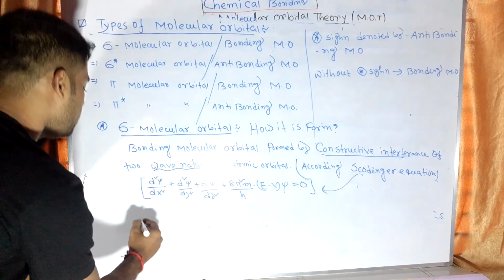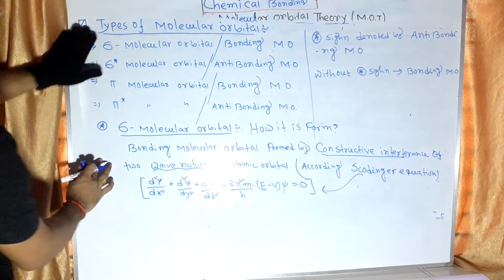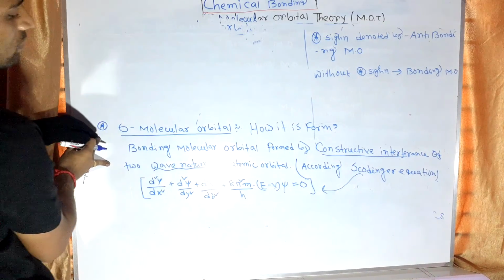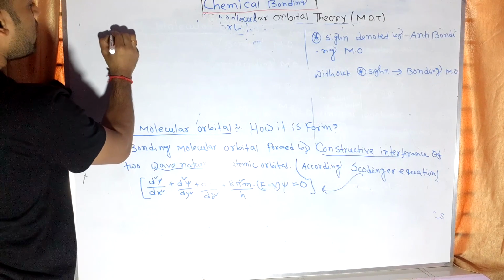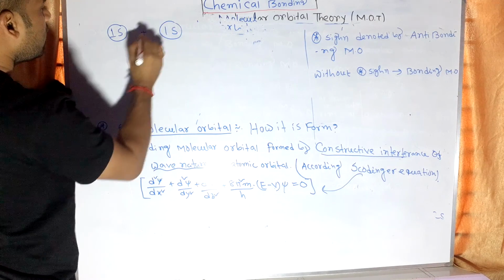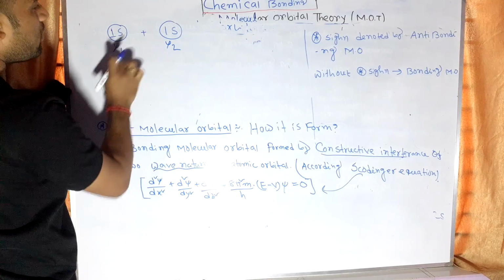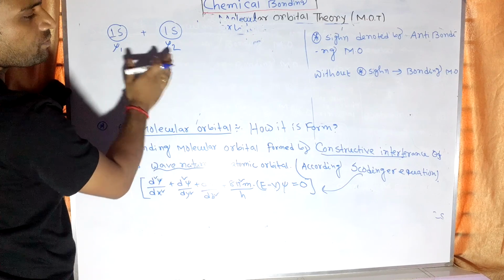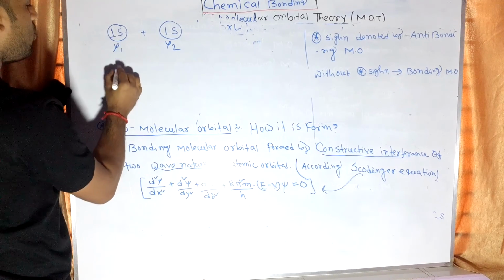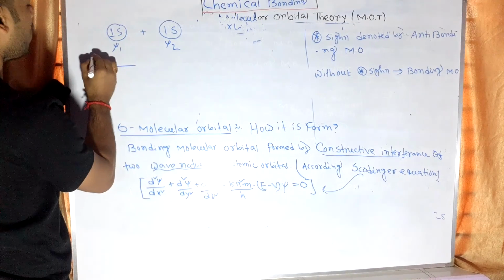If there are two atomic orbitals, we consider one is 1s and another is 1s, denoted by psi 1 and psi 2. These two atomic orbitals have wave nature according to the Schrödinger equation. So we can consider 1s as wave nature.